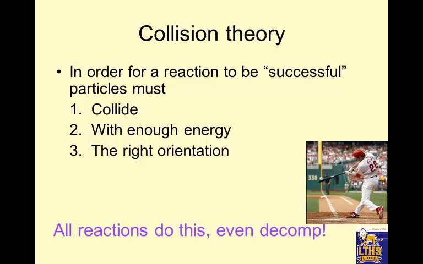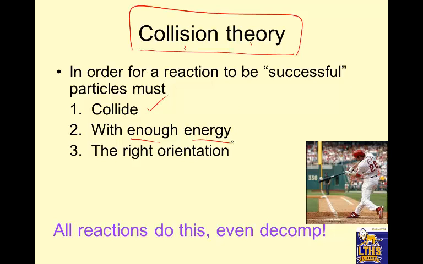So why do these reactions happen anyway? Well, we have this theory in chemistry called the collision theory. And it is just like it says, collision theory. Things have to collide in order to react. So step one, collision. Now, every collision doesn't lead to a reaction. So the collision has to have enough energy, and the enough energy is called activation energy.